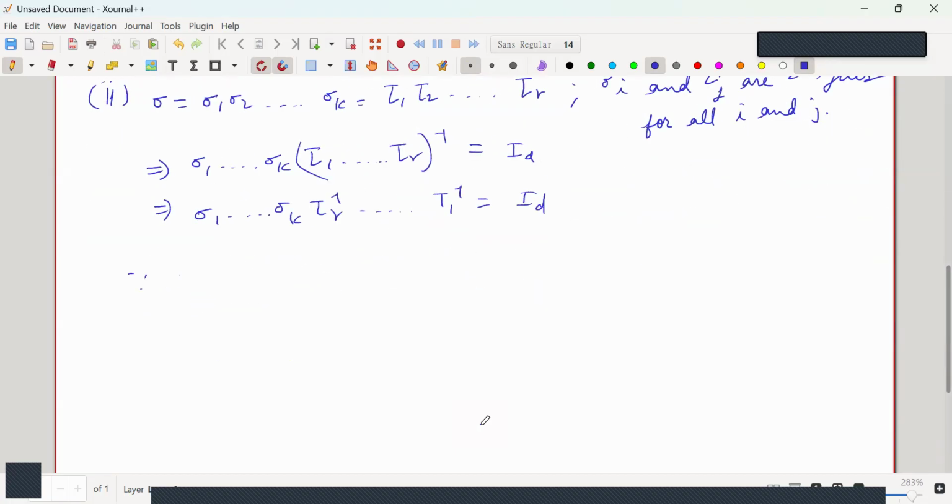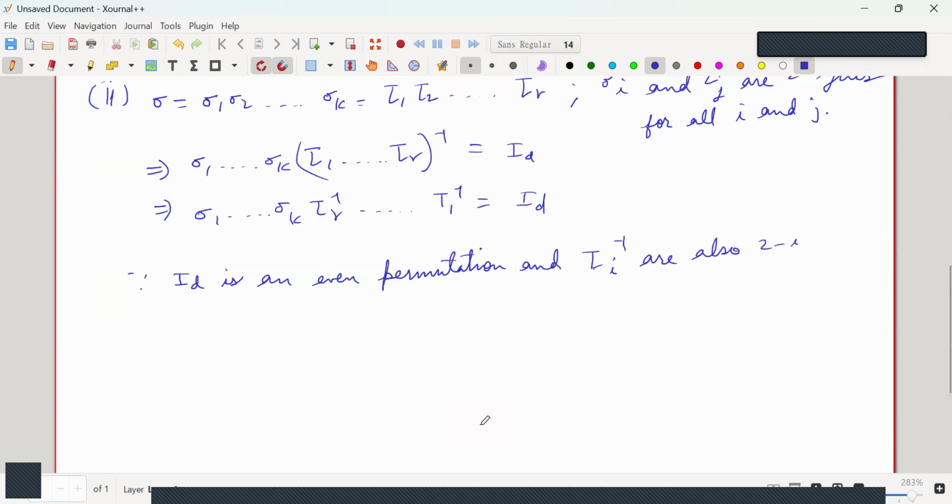Now, since identity is an even permutation, and tau i inverse are also two cycles for all i, therefore you cannot write identity as a product of an odd number of transpositions.